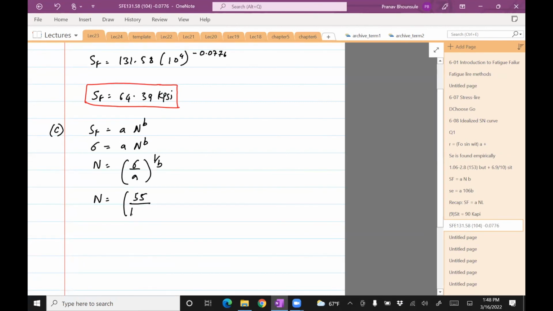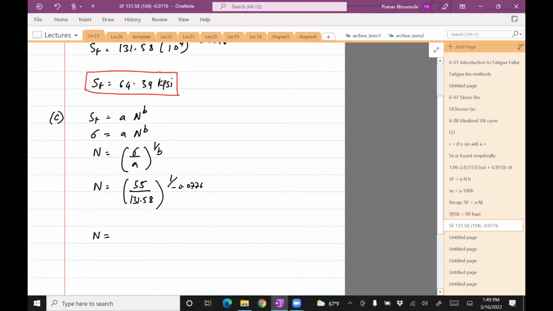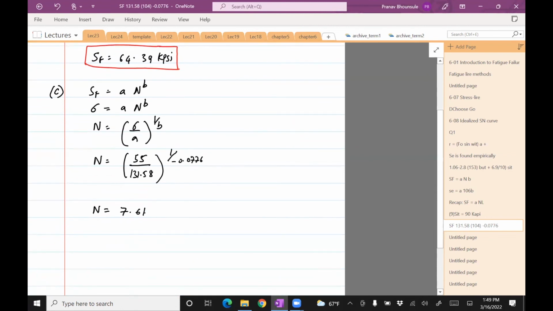A is 131.58 and B is minus 0.0776. Okay, I get 77.6172 times 10 raised to 4.